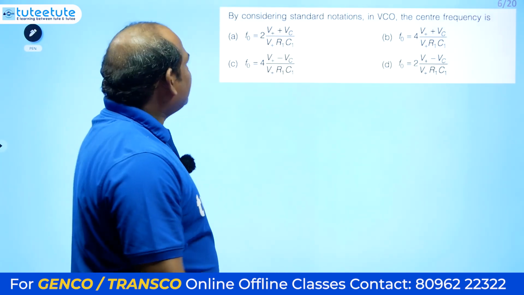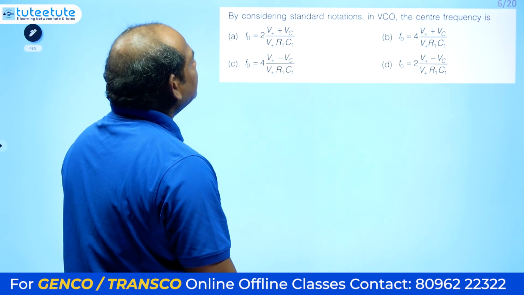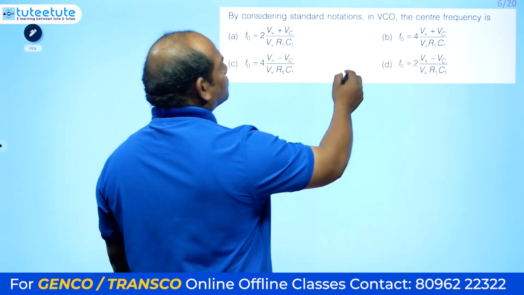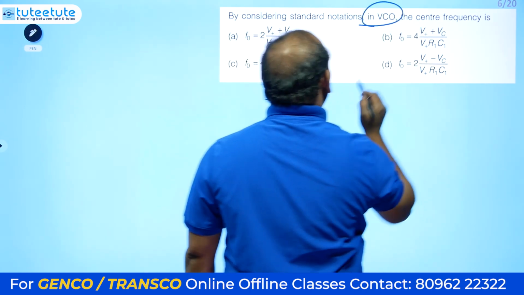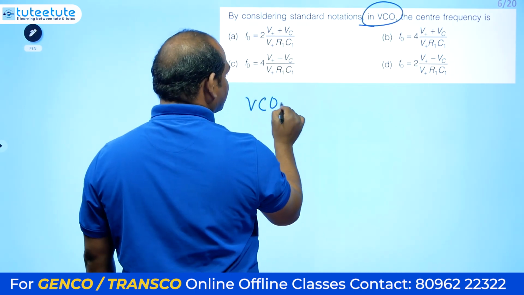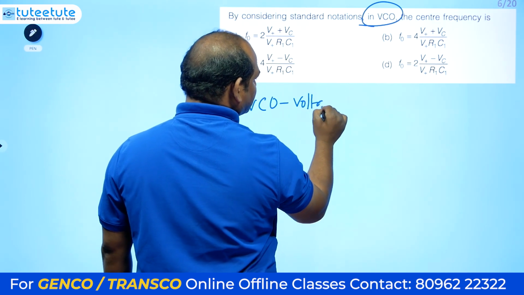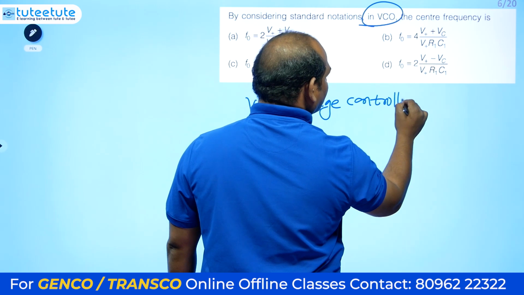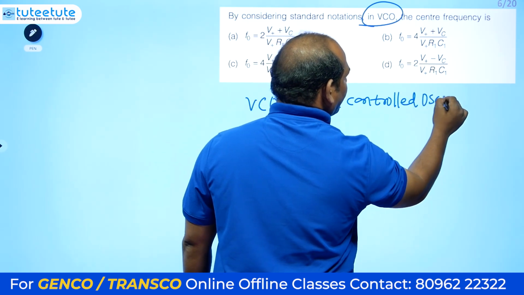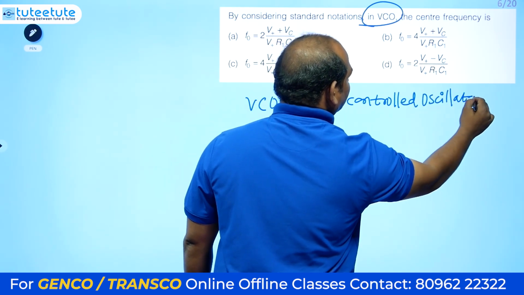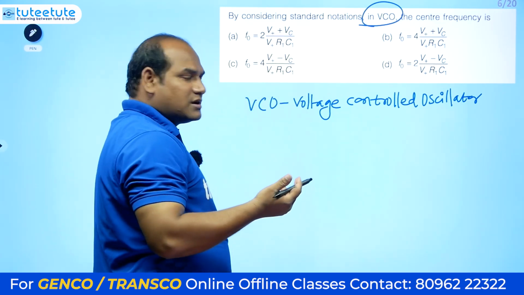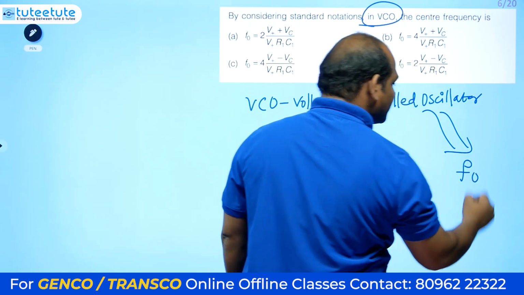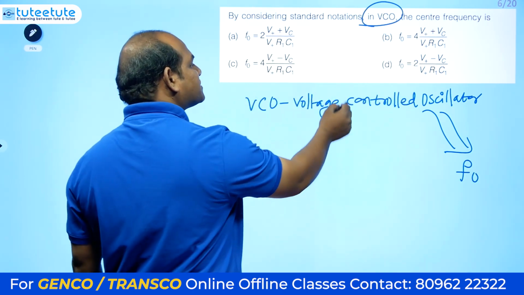Now the next question is, by considering standard notations in VCO, the center frequency. So VCO means what? Voltage controlled oscillator. So what is the meaning of this one? It is producing some oscillations. The oscillations are containing the frequency, but it is voltage controlled.